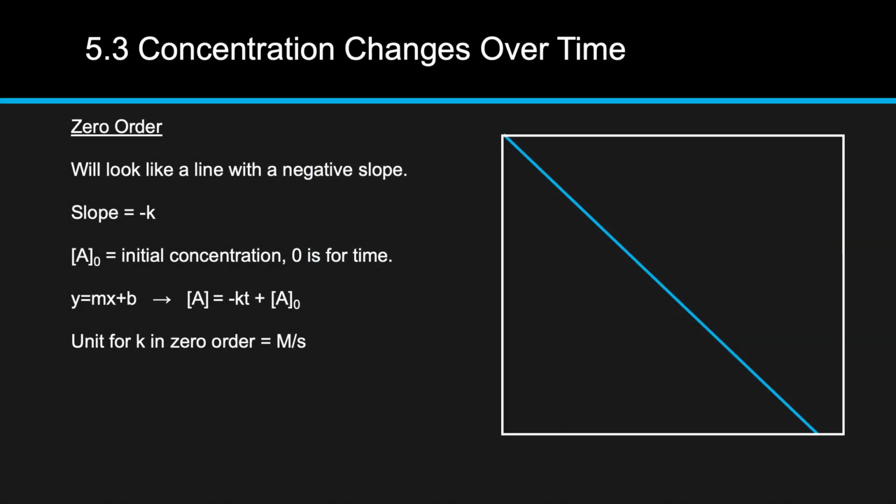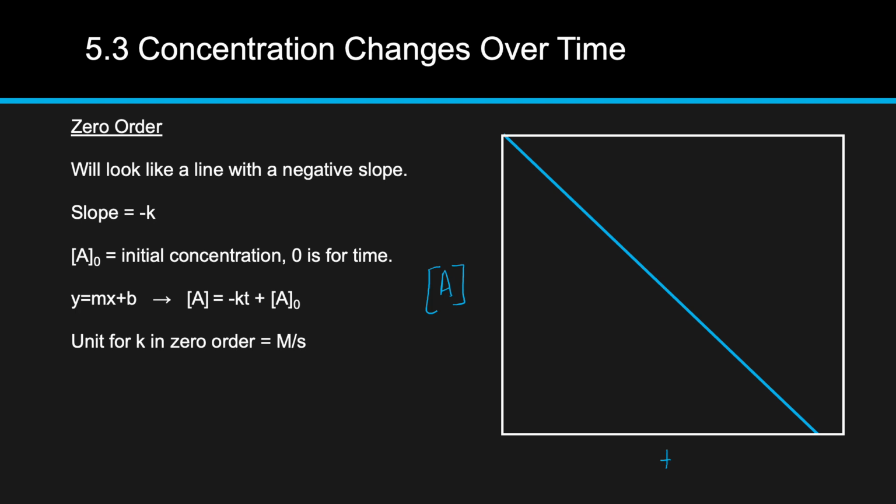All right, so let's go in a little bit more detail about these line plots and how we can use them to solve for rate law. So when we are using 0 order reactions in a graph like this, we're always going to have the concentration of A, which is just one of the reactants, and on the x-axis we're going to have T for time.